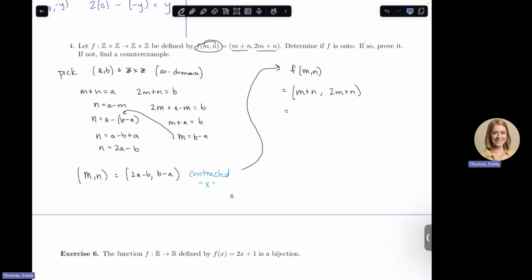Goodness. So now this would be 2A minus B plus B minus A, and then 2 times m, which is 2A minus B, plus n, which is B minus A. Goodness gracious. I'm feeling a little lost in this, but I think I've done everything right so far.